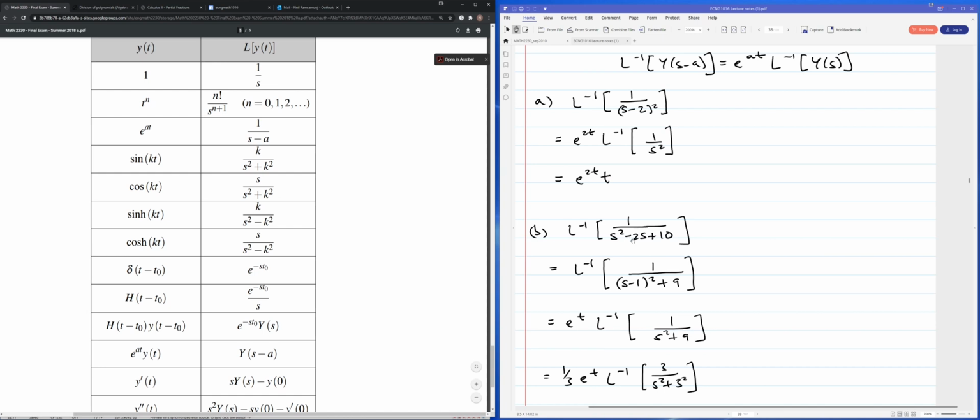So how you deal with that is first you complete the square. Completing the square means you take the coefficient of the s, which is minus 2, and divide it by 2. So you get (s minus 1) squared, and when you expand this out, you have s squared minus 2s plus 1.